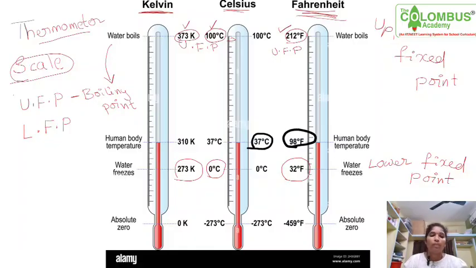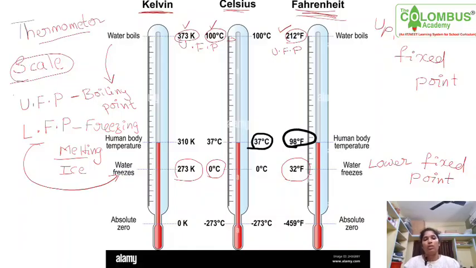The lower fixed point we call the freezing point, also called the melting point of ice. Freezing point of water or melting point of ice, both are the same, right? Now the lower fixed point of water is 0 degrees Celsius.